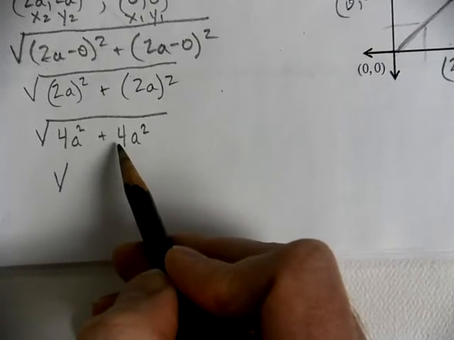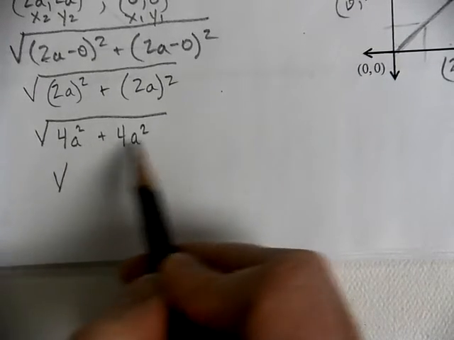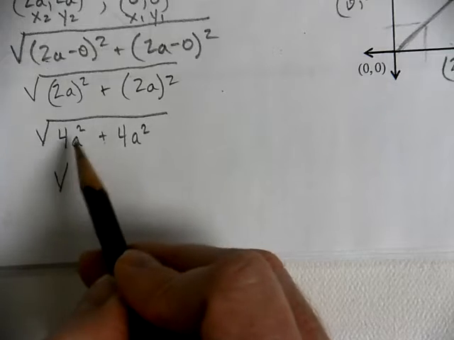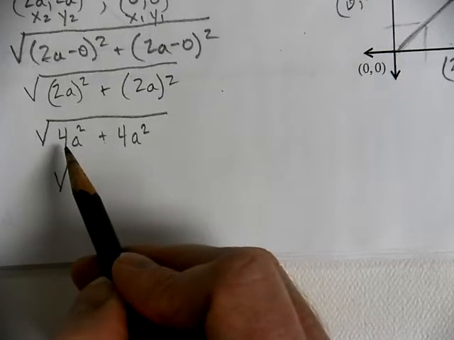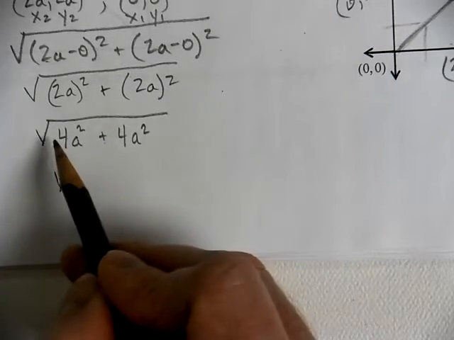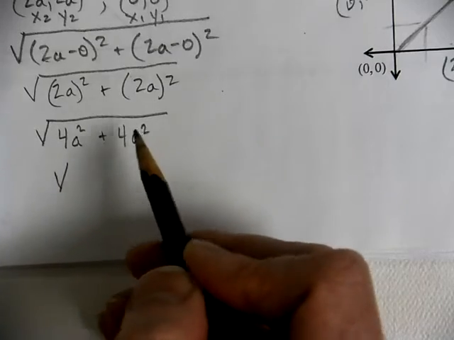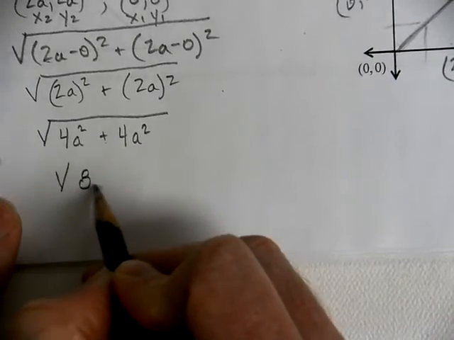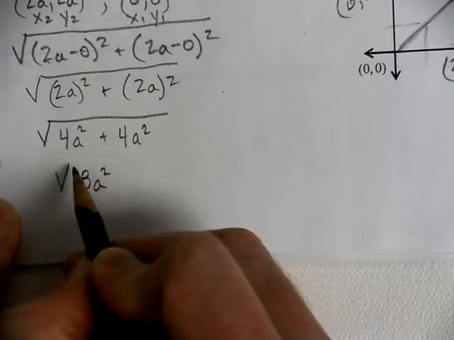Now we have like terms. So the first time on this sheet, we have like terms that we're adding. We have a squared and a squared. 4a squared plus 4a squared is 8a squared.